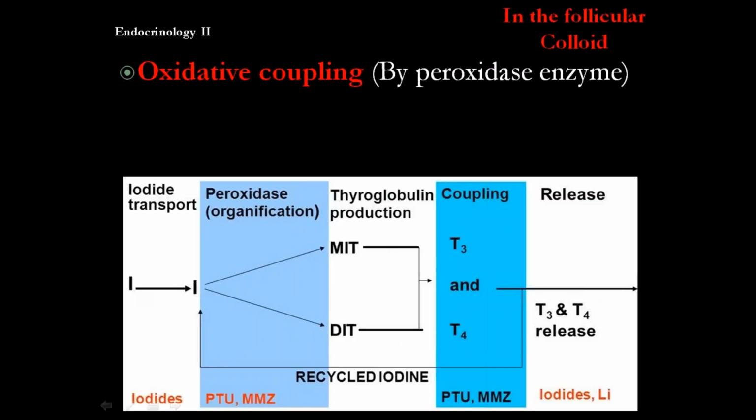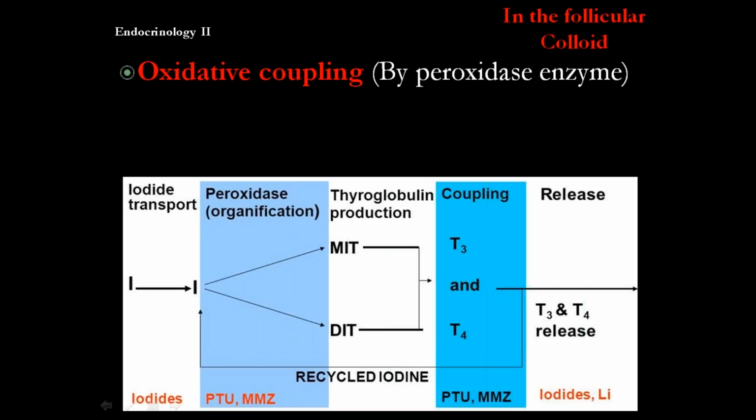So the oxidative coupling is again done by another peroxidase, which is going to be in the colloid substance. One thing I just want to mention here is the PTU and the MMI.